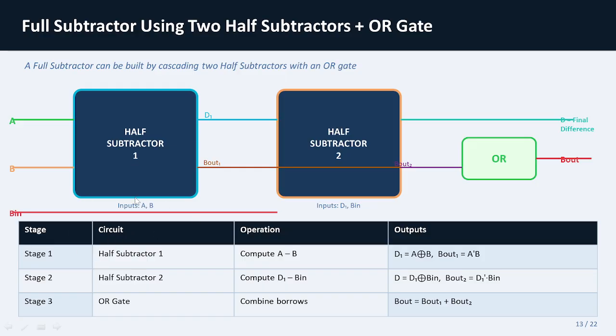After that, just try to practice how to get a full subtractor using two half subtractors plus an OR gate. Like I have said, this will be the task for today. If you want to see how we are going to solve it, just take a screenshot and try to solve it on your own.